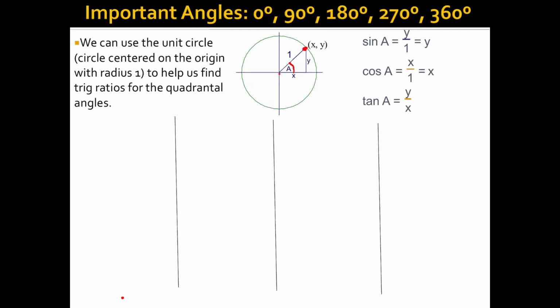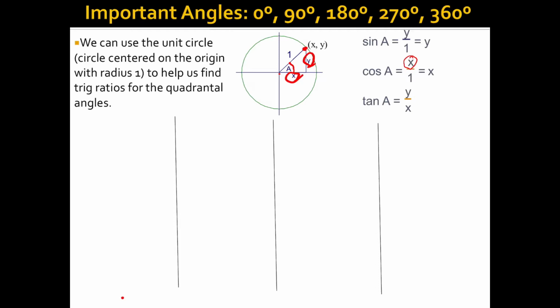Cosine of A, that's adjacent over hypotenuse, so x over 1. So the cosine of the angle here in the unit circle is simply equal to the x value. And the tangent of A is opposite over adjacent.